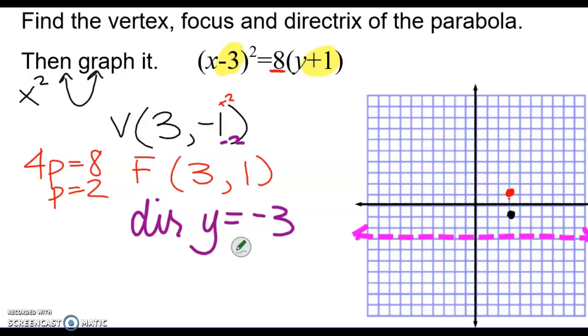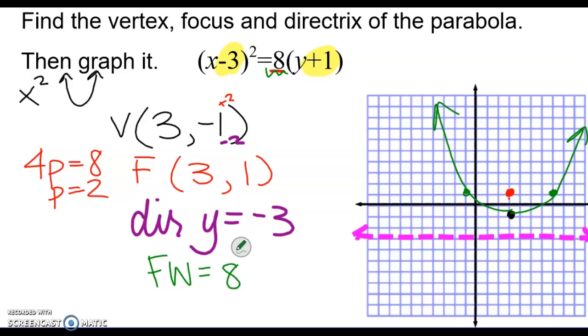Then, next thing, I know that my focal width is 8, because that came from right here. That's always your 4p, your focal width. Since my focal width is 8, I go 4 in each direction. So 1, 2, 3, 4, and 1, 2, 3, 4 the other way. And now I can make my parabola.